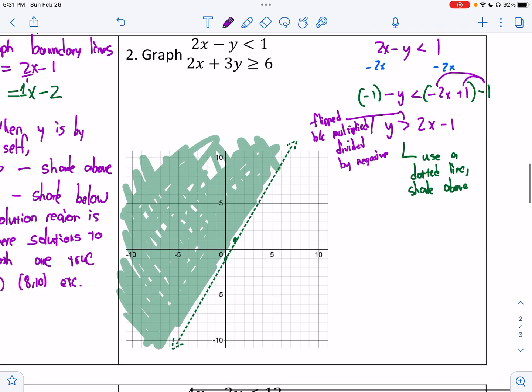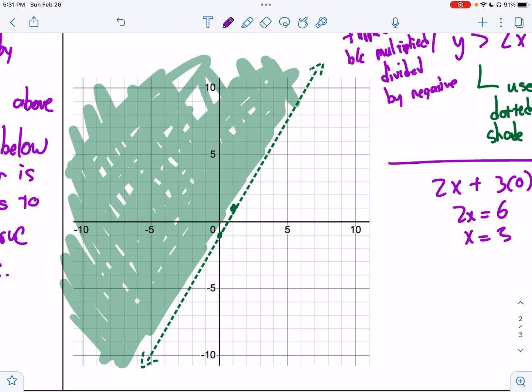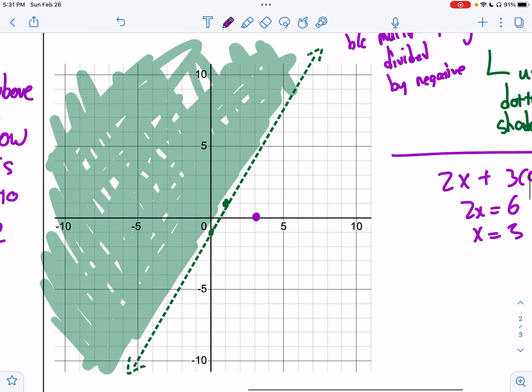So first, solid line, right? My x-intercept is going to be when y is 0. So 2x equals 6 and x is 3. So my x-intercept is here.